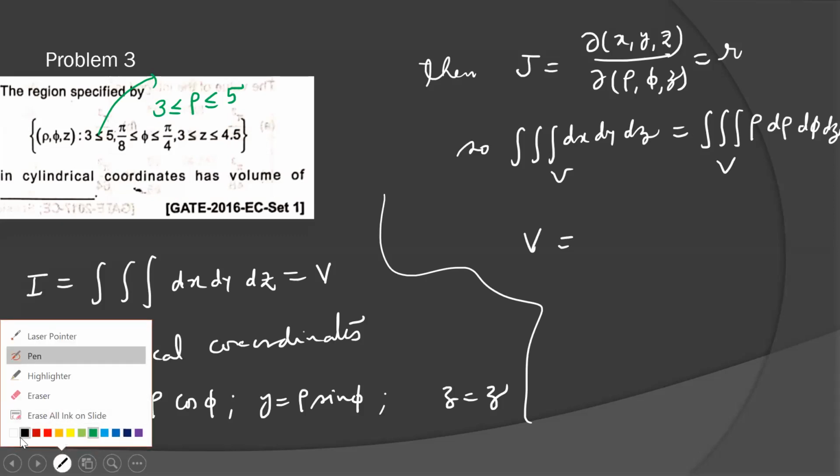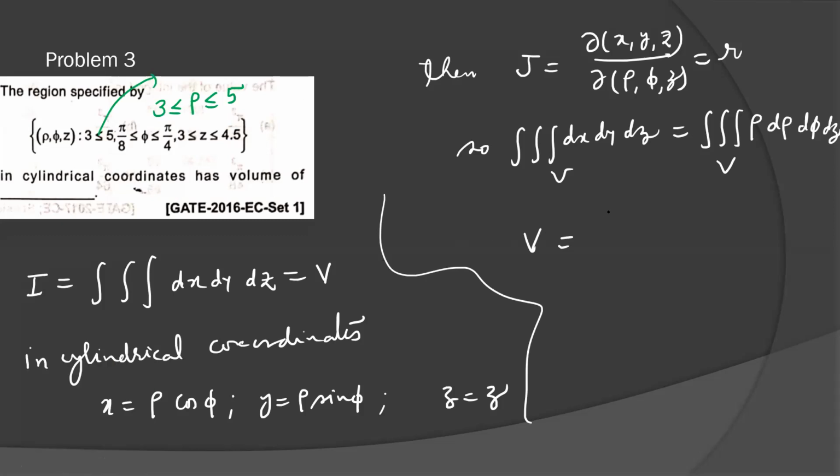Now the rho limit is from 3 to 5. The phi limit is from pi by 8 to pi by 4, a constant limit. So no problem, you can take any order because the limits are constant. Z is from 3 to 4.5.